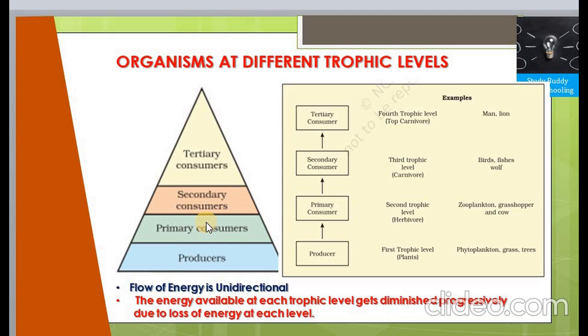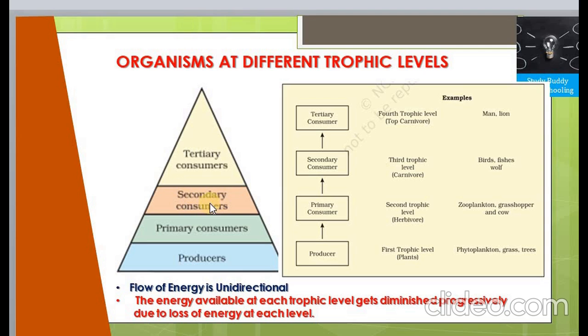And then at the next trophic level, we have what is called primary consumers. Examples of primary consumers are cow, deer, grasshopper, zooplanktons. These are herbivores. They get their energy by eating the producers. They are at the second trophic level. At the third trophic level, we have secondary consumers.